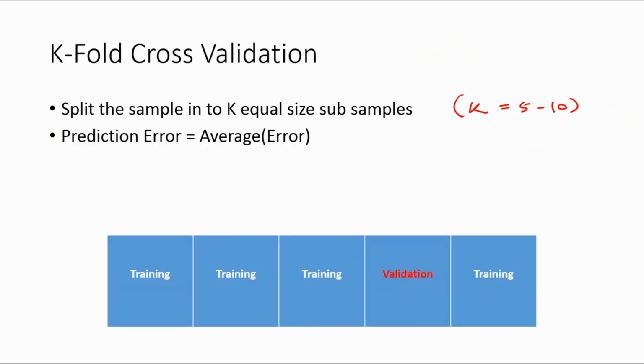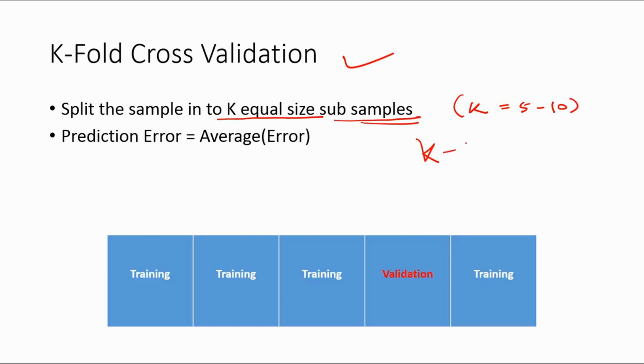The next one is the KFold cross validation. KFold cross validation is the type of cross validation in which you split the sample into k equal subsamples. And the k can take any number.